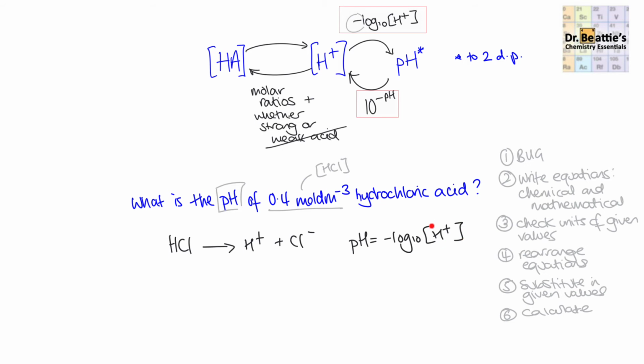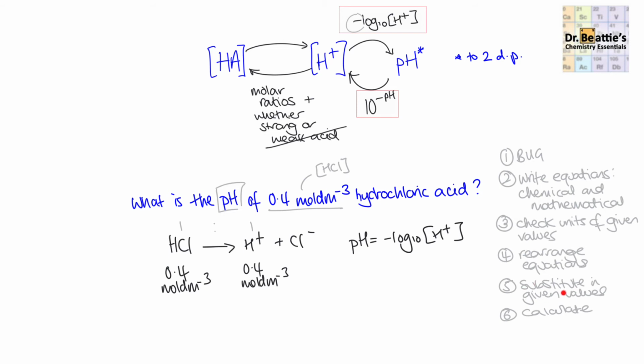Now we can't, because we've got concentration of H+ that we need to work out, we need to use our chemical equation to work out that in this step. As the concentration of HCl is 0.4, we know from our chemical equation from step 2 that it's a 1-to-1 ratio. So the concentration of H+ must also be 0.4 because it completely dissociates, all of the concentration changes.